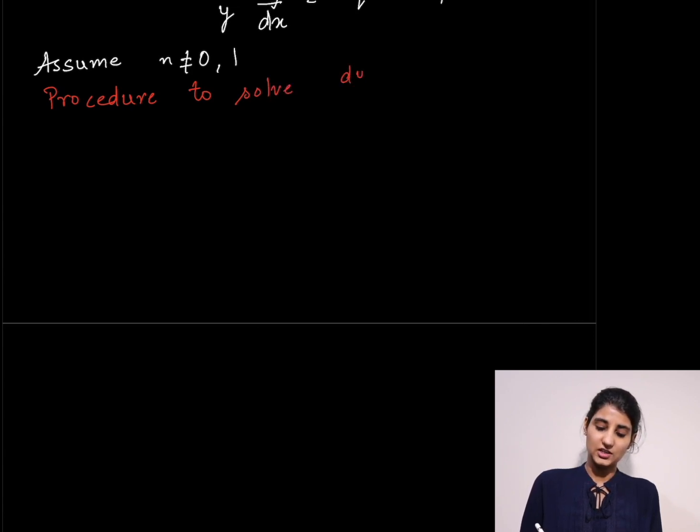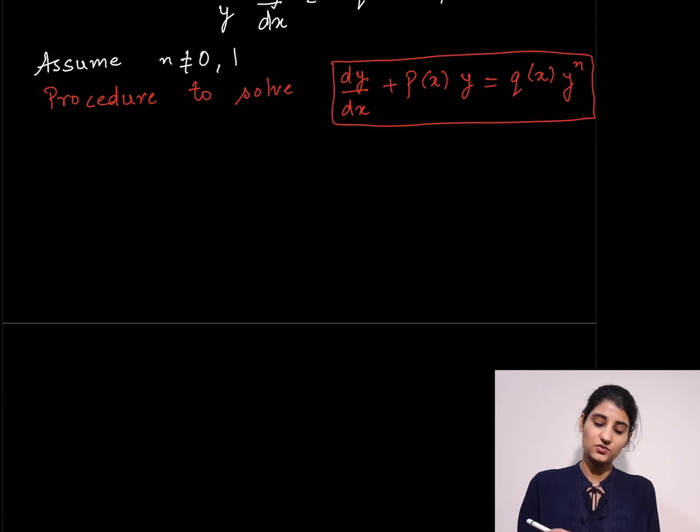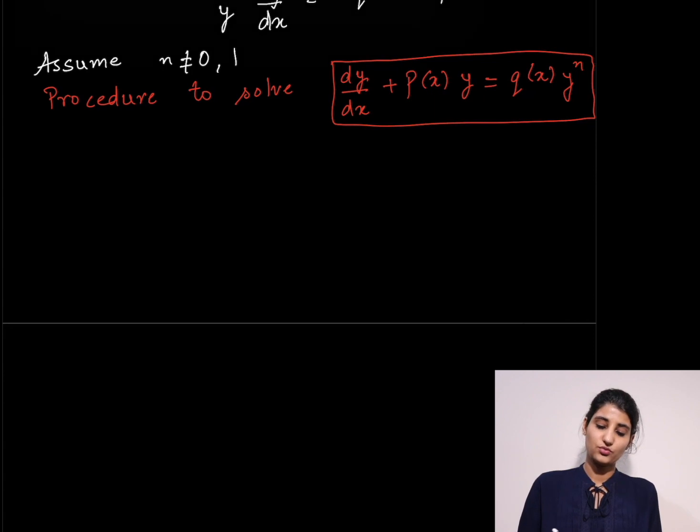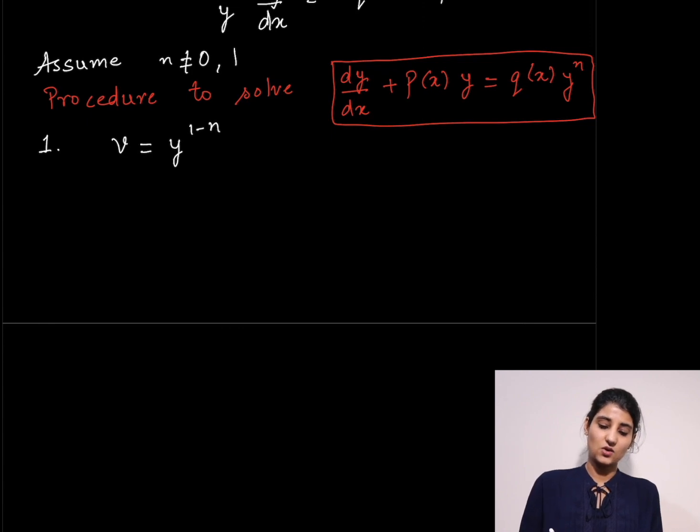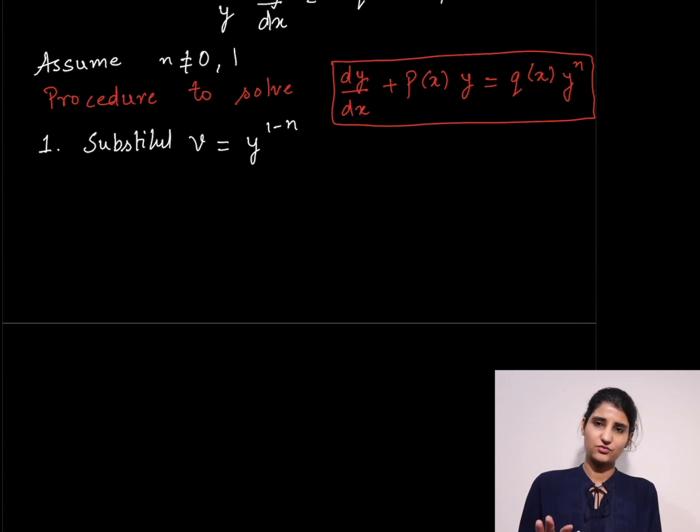I'm just rewriting it: dy over dx plus p(x) times y equal to q(x) y power n. And this is the procedure when n is not equal to 0 and n is not equal to 1. Step 1: we substitute v equal to y power 1 minus n. And this is the only thing you need to remember. That's all. Just remember this substitution and we will be fine.